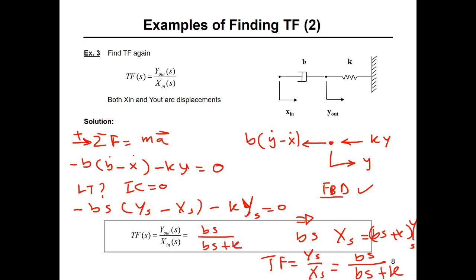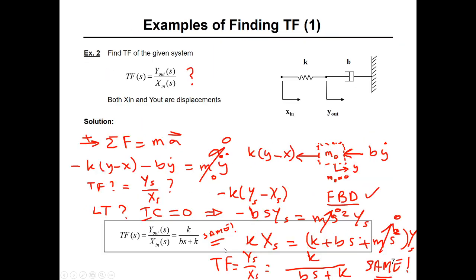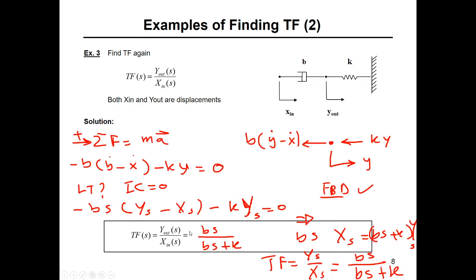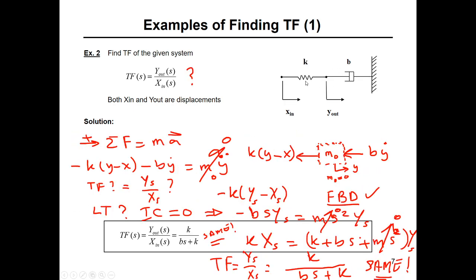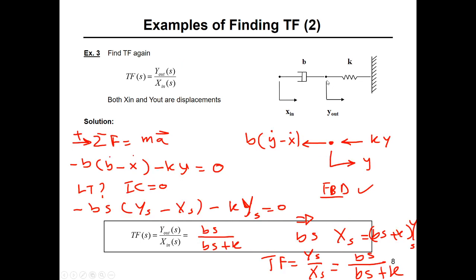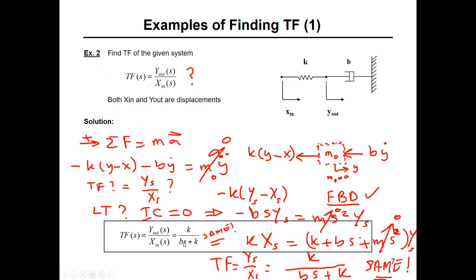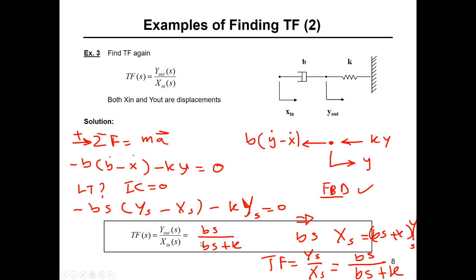So this is going to be bs over bs plus k. Is there any similarity, or can you compare this transfer function to the other one? Are they the same? No, they are not the same. Look, the denominator here is different than this one, and it makes sense because we changed the system. We switched the damper and the stiffness, or the spring. But what's the similarity between these two systems? Look at the denominator. What's the power here, or the order? 1, right? So this is a first order system.